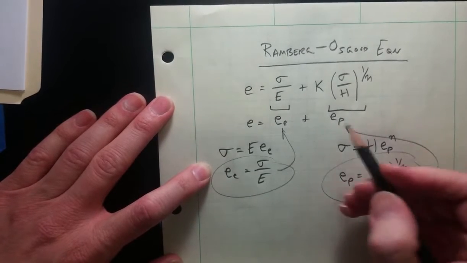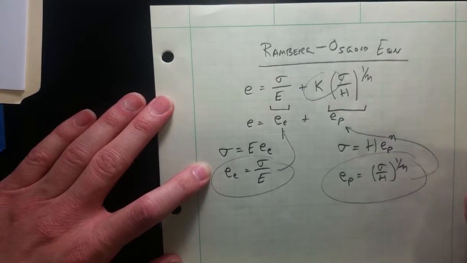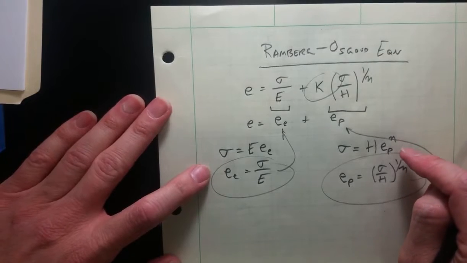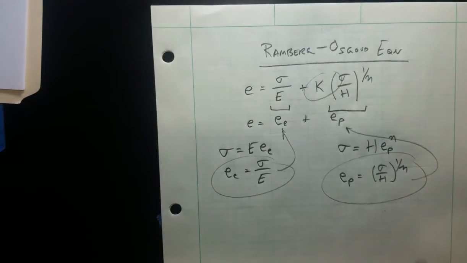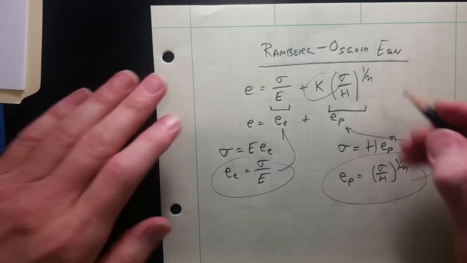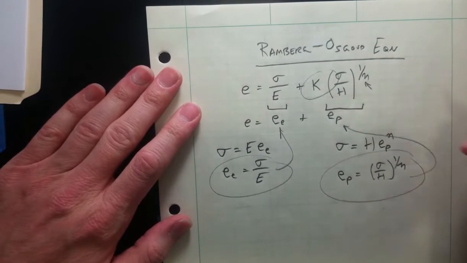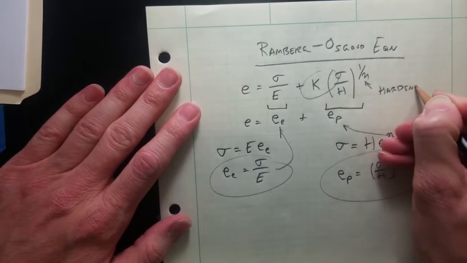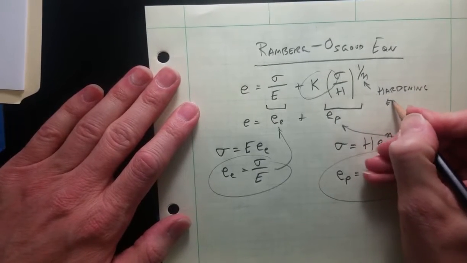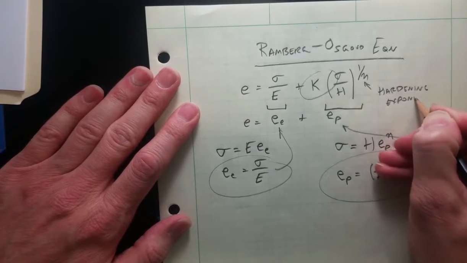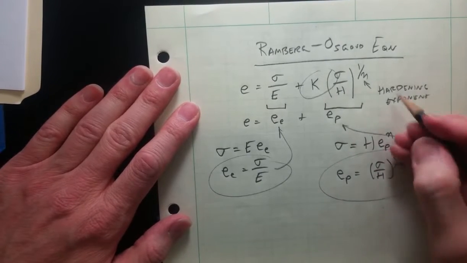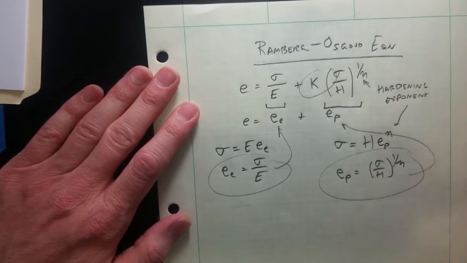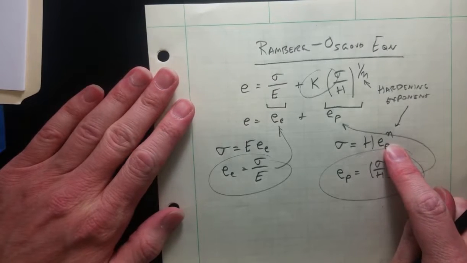And that goes into here. And I've got this scaling factor K, which can also be used to shift these relative to each other. This n is our hardening exponent, and it's the same n there as in there, so it's in this power law.